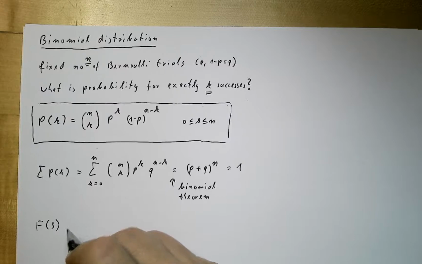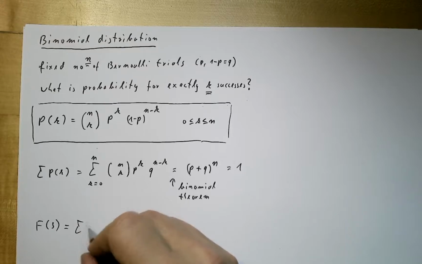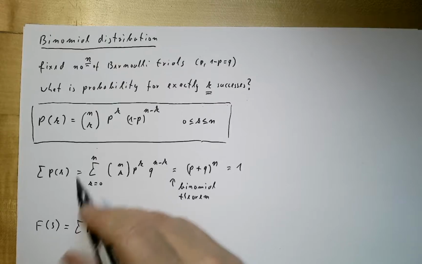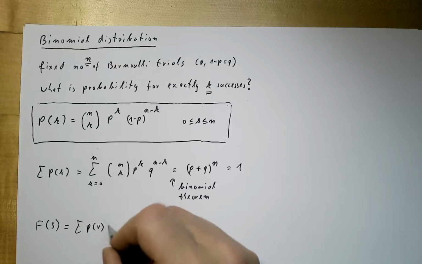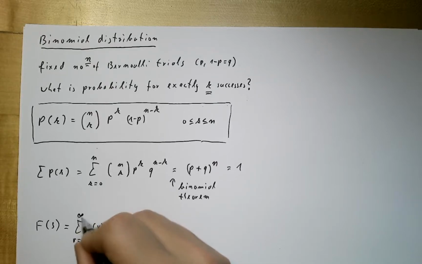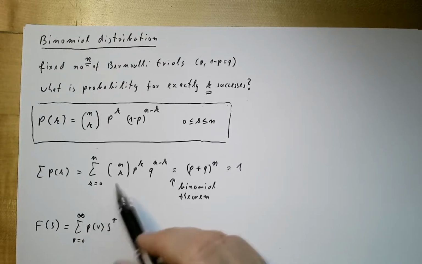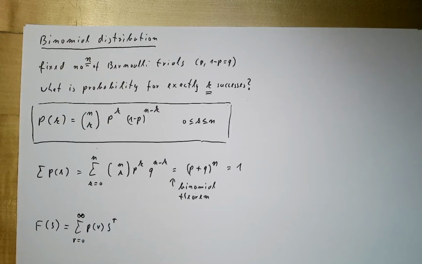So let's first write it like this. We sum P of r times s to the power r, and we sum from r equals 0 to infinity. I call my summation variable r, so that I don't confuse it with the k.